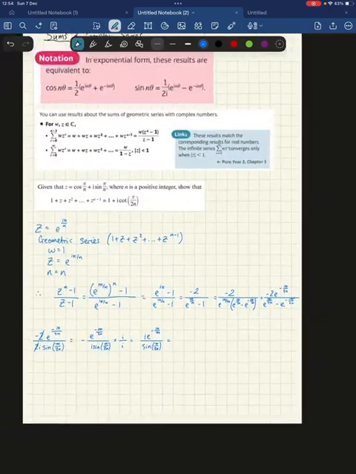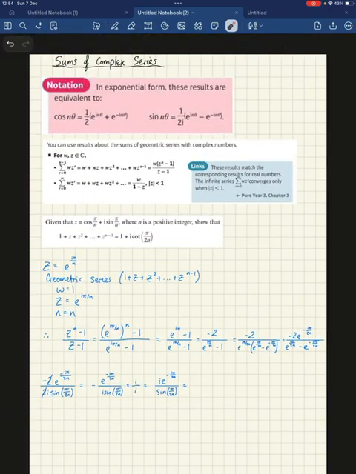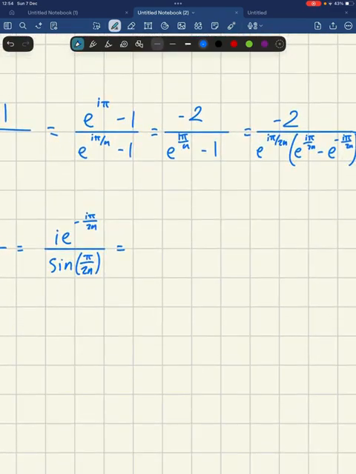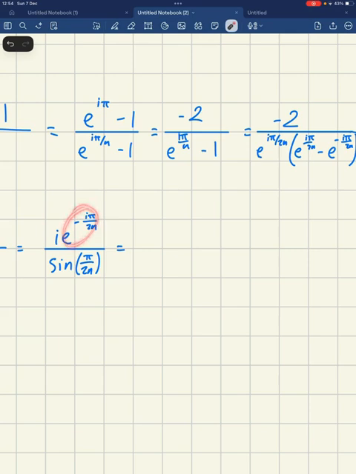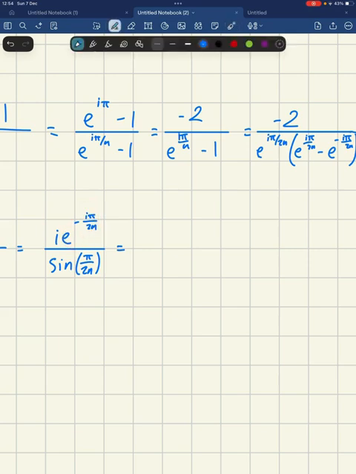Right, well, we want to show that the thing is equal to 1 plus i cot pi over 2n. Well, to get cot, we need cos over sine. Well, we need cos in the numerator, so what we're going to have to do is convert this into modulus argument form.